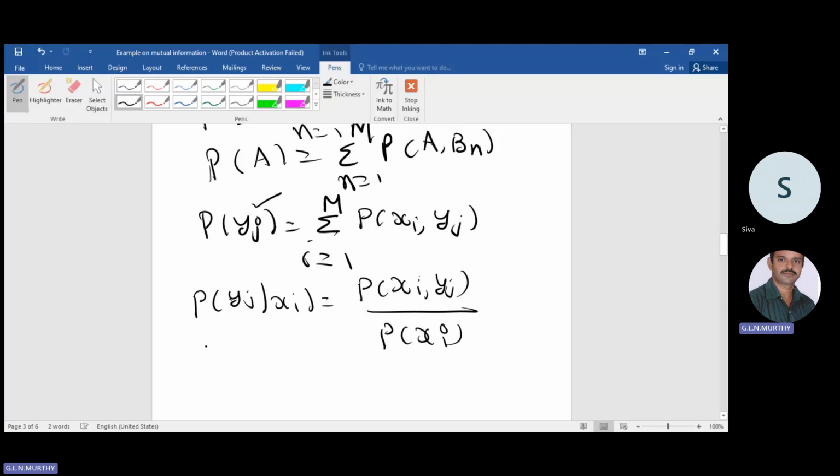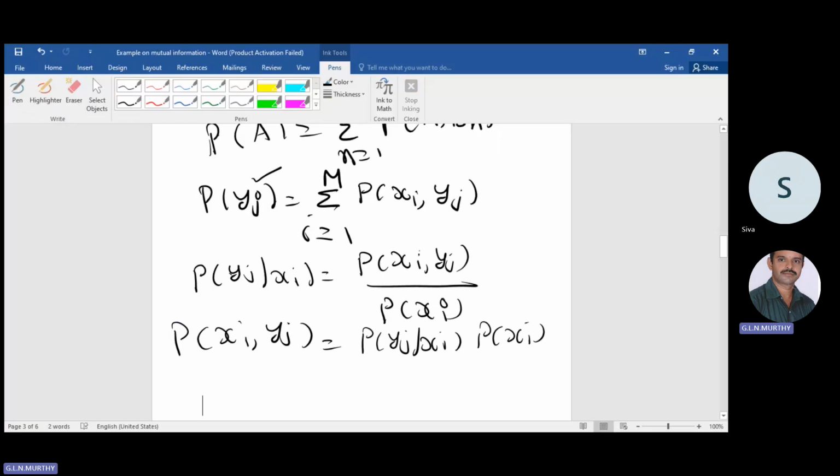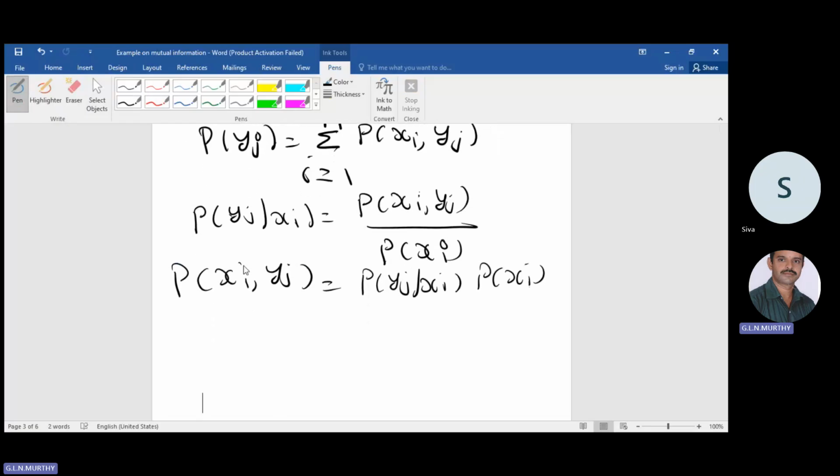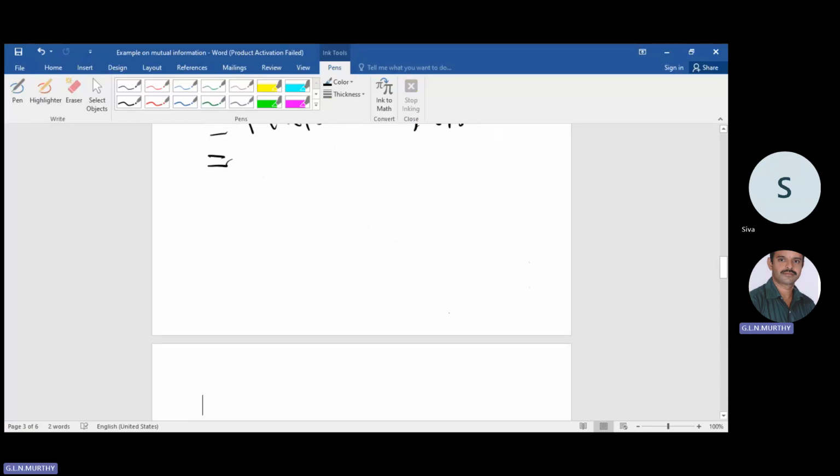So what it means is you can get P of xi yj equal to P of yj upon xi into P of xi. So I just modify this expression. This can be written further as P of xi, that is the probability of input symbols, into P of yj upon xi.